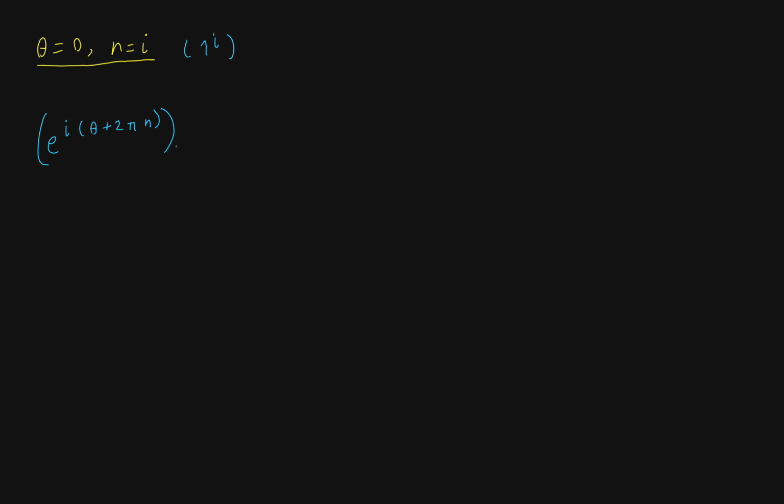So I'm going to go in the negative direction too, but basically we're going to have e to the i negative 4 pi i, e to the i negative 2 pi i, then e to the i 0 i, now in the positive direction, e to the i 2 pi i, and e to the i 4 pi i, and so on and so forth.